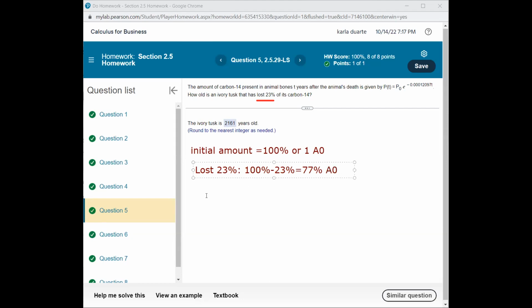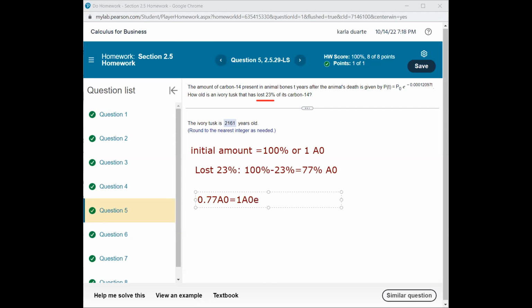So you end up with, and I write it as a decimal, 0.77 times A sub 0, because I don't know what A sub 0 was. Okay, but it's 77% of what I started with is what this says. And then, if you want, you can make this 1 A sub 0 to remind yourself that you started with 100% of it, right?